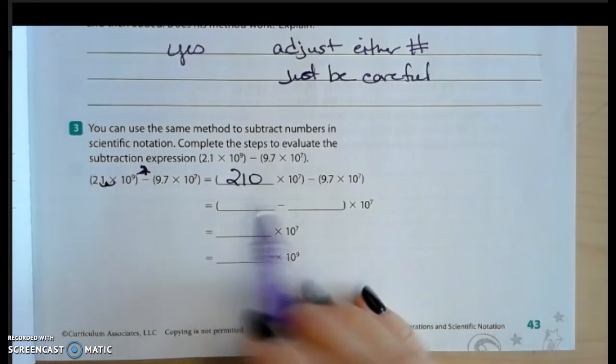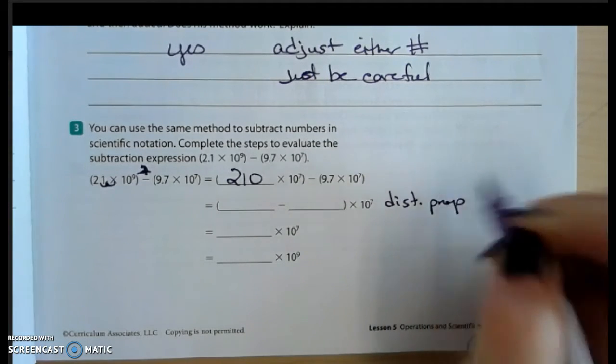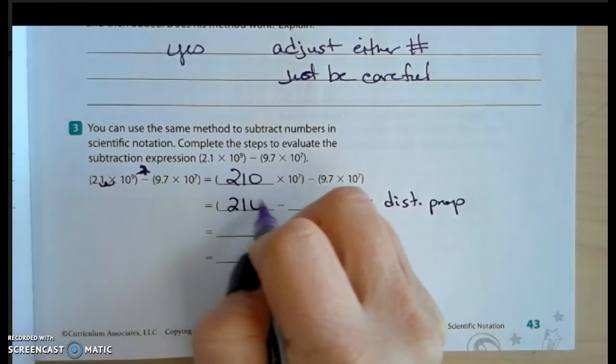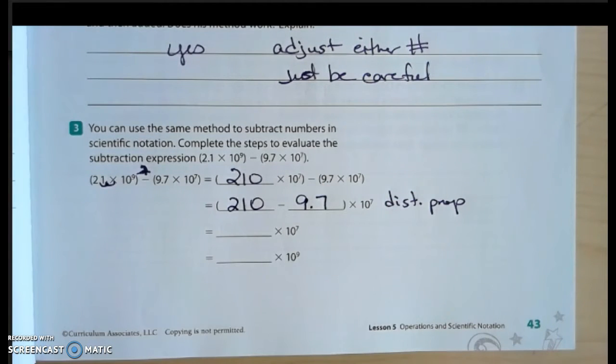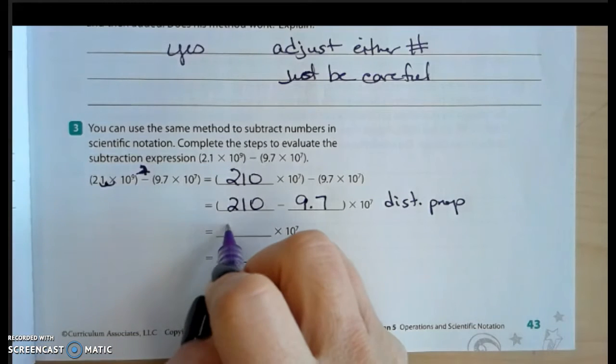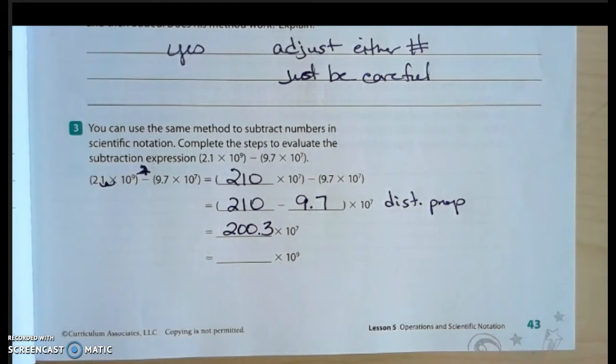And then they're showing you the distributive property. Okay, this is the distributive property. And 210 minus 9.7 should give you 200.3. Correct me if I'm wrong on that.